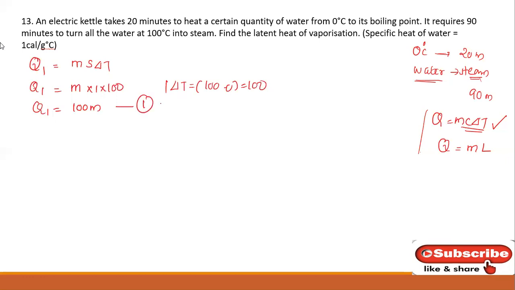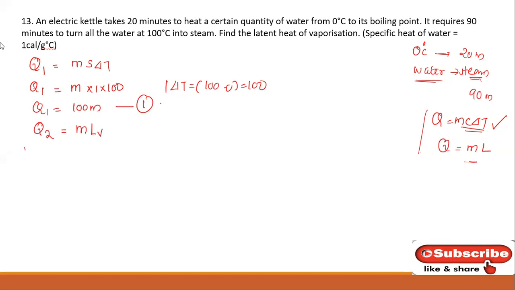Now, the amount of heat energy required to convert from water to steam uses the formula ML. Let it be Q2. Q2 is equal to M into L, the latent heat of vaporization. Here, the kettle is the same, so its conduction rate will be the same.